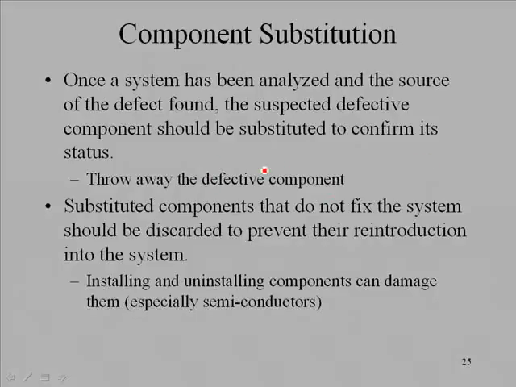You do not want components that either are suspected to be defective or are defective mixed in with components that are known good. Substituted components that do not fix the system should be discarded to prevent their reintroduction into the system.